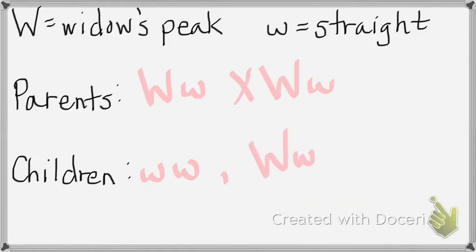Okay, anything else? Yeah, both of those are a possibility. So based on what we know, it could be either one of those. But okay, on that, it's just real simple genetics problem.